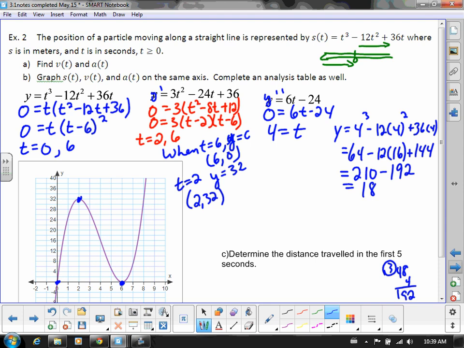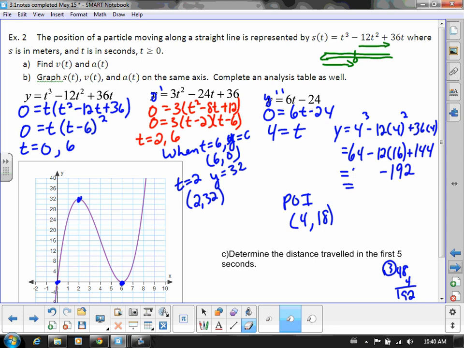So that's telling us our point of inflection is at 4 and 18. And actually, I just realized I made an algebraic error here. 64 and 144 is not 210. It's 208, which makes this 16, which definitely makes more sense when I look at that graph. So we have our sketch.